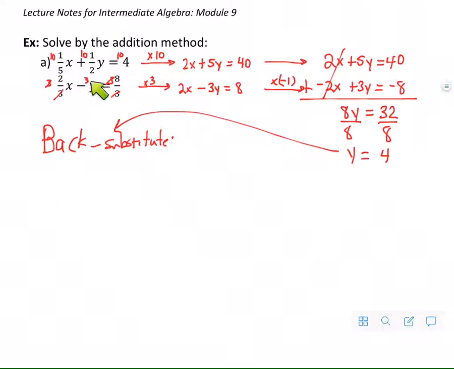I talked about plugging back into the original as a good strategy, but the thing I don't like about the original in this case is fractions. So I'm going to choose one of these two. It doesn't matter which one. So let's plug it in to this first one. So you get 2x plus 5 times 4 equals 40.